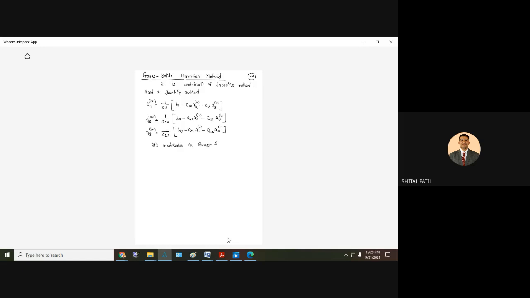Its modification in the Gauss-Seidel method is: no change in the first formula.